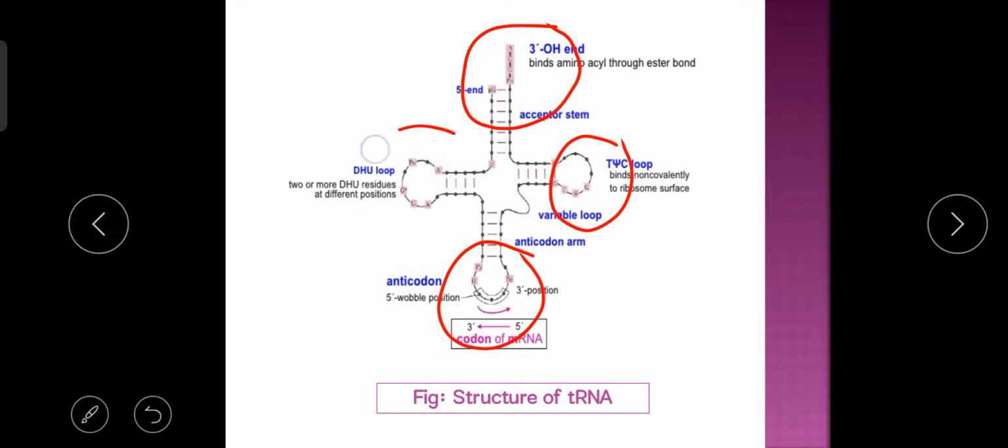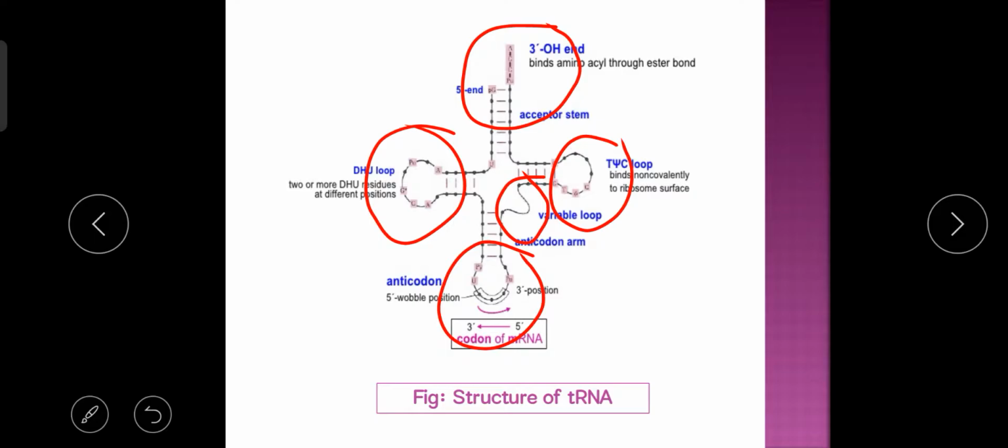Whereas the fourth arm is called the DHU loop. The DHU loop helps in the attachment to the amino acid synthesis enzyme. And the fifth arm is, this is not a loop, this is an arm. There is no balloon-like structure here, so this is called the variable arm or extra arm.